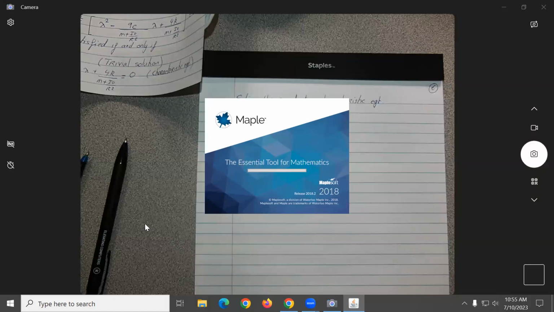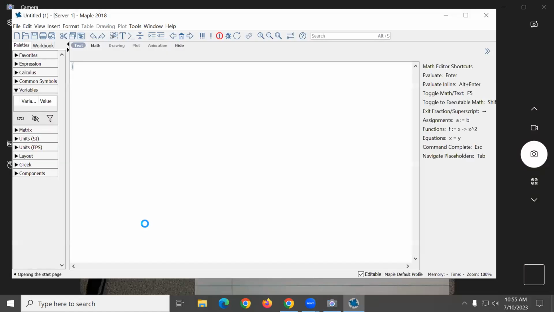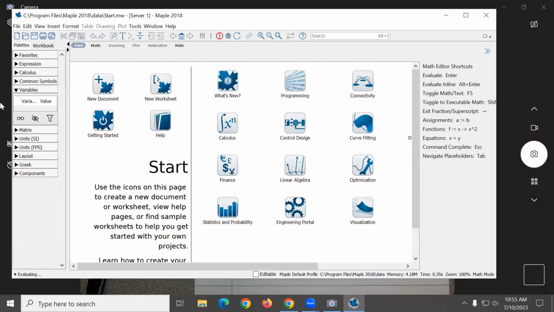So I'm probably gonna do with Maple whatever is left over of the problem, and you can do it with me. So open Maple, please. And I probably need your help. What's wrong over here? What did I do over here? I don't know what happened here. I don't know. See.